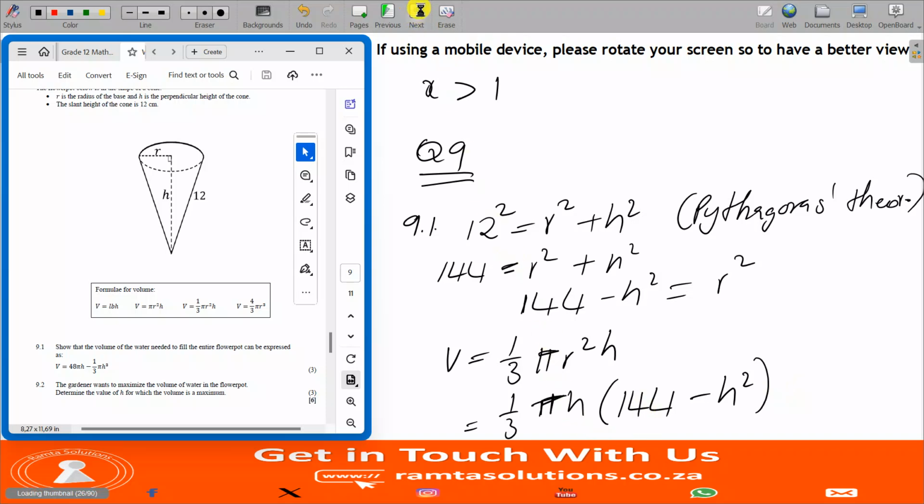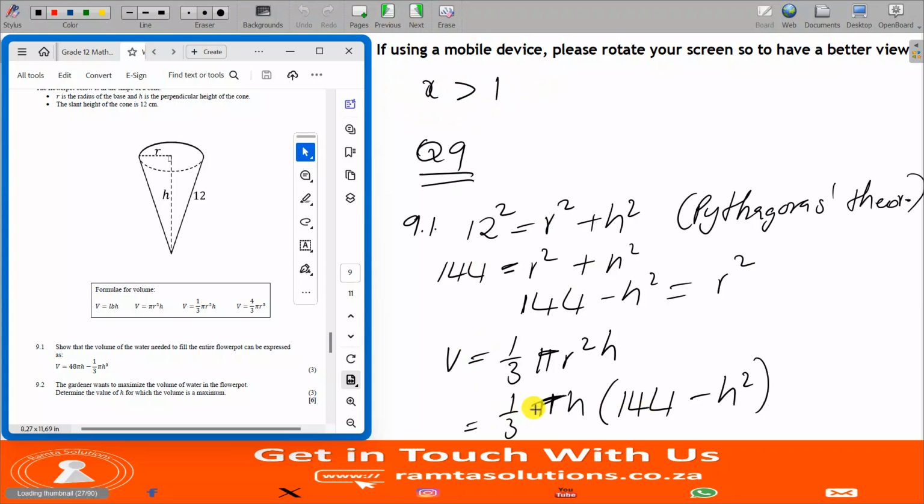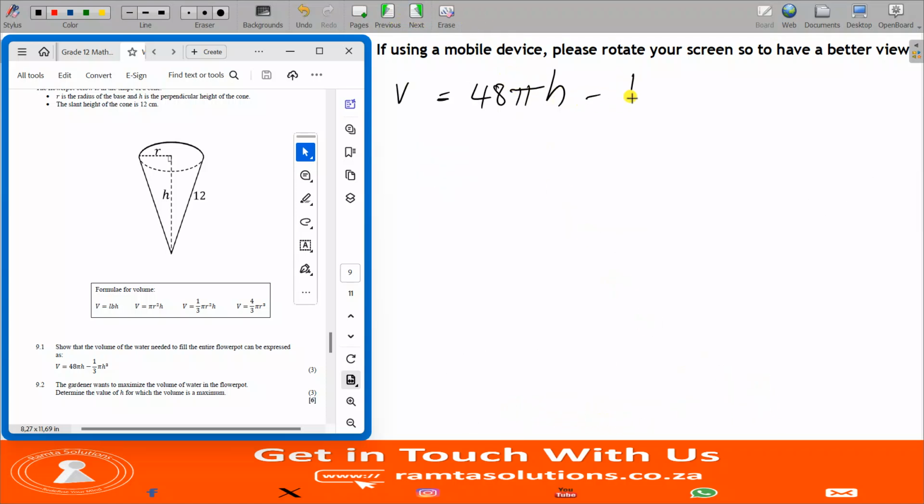Proceeding, V equals 48 pi h, and then what else do we have? Minus 1/3 pi h cubed. So we have proved this. We are good to go.